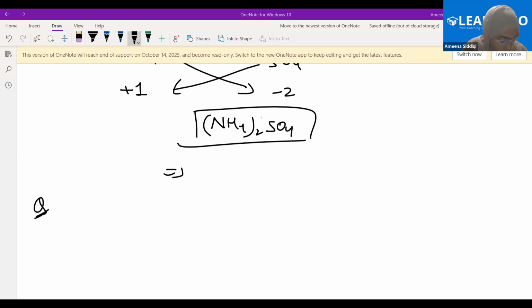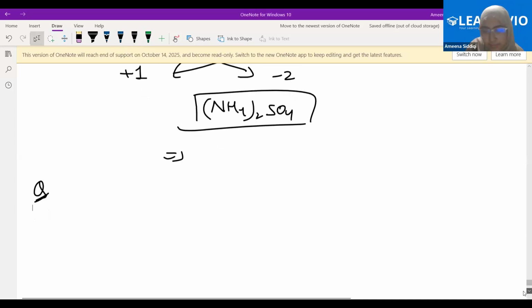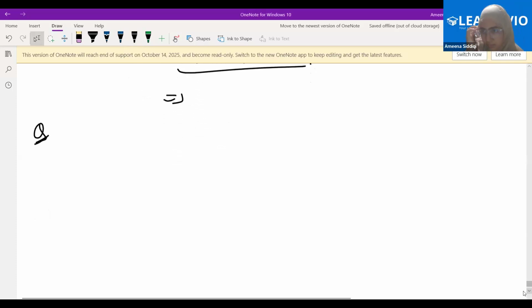Actually, leave aluminium. You people do not have aluminium in the given NCERT table, so we cannot really take aluminium here, although it is 27. Fine. The next thing is magnesium chloride. The formula, the molecular mass for magnesium chloride.